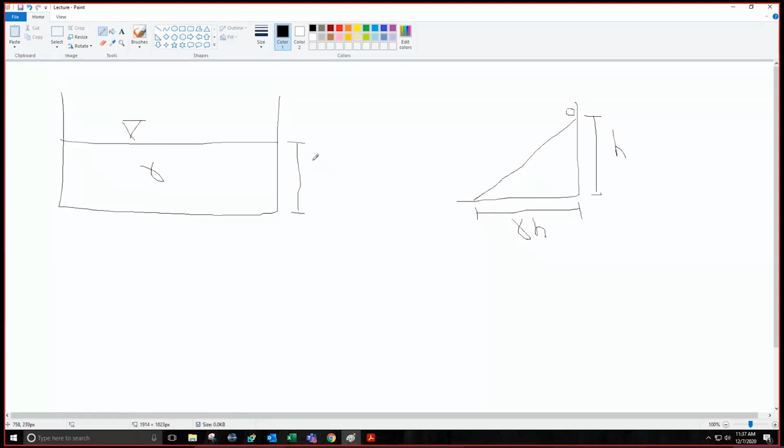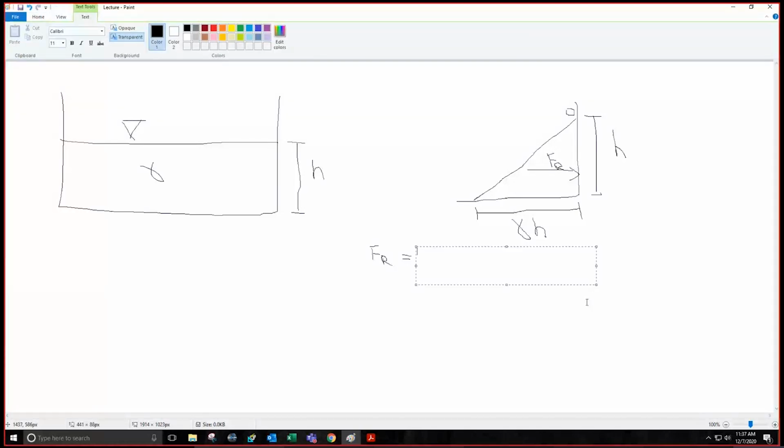We are interested in calculating the resultant force and its location. So we concluded that the resultant force Fr would be equal to rho g HcA, or the volume of the pressure prism.